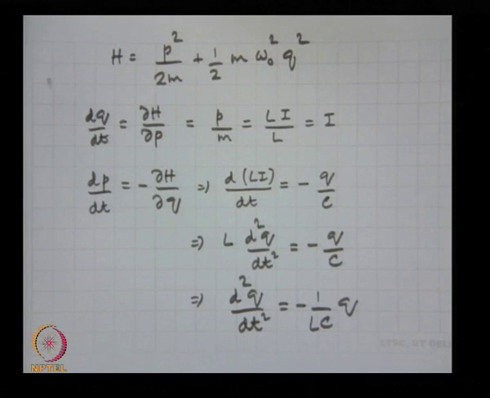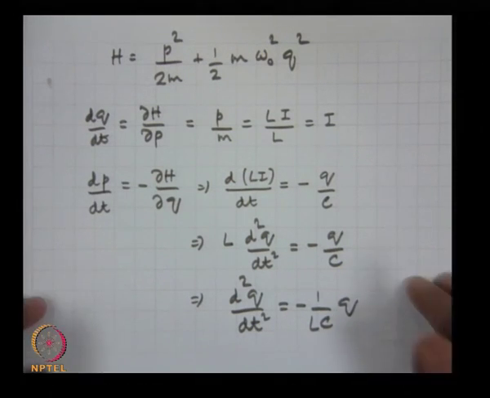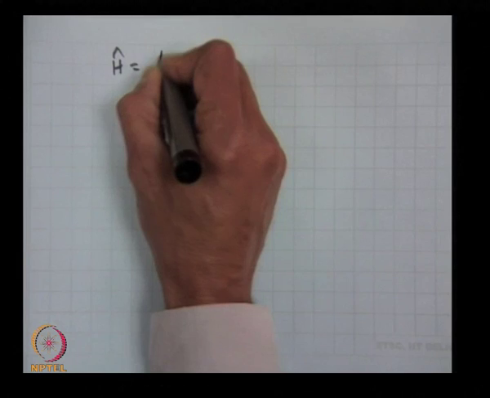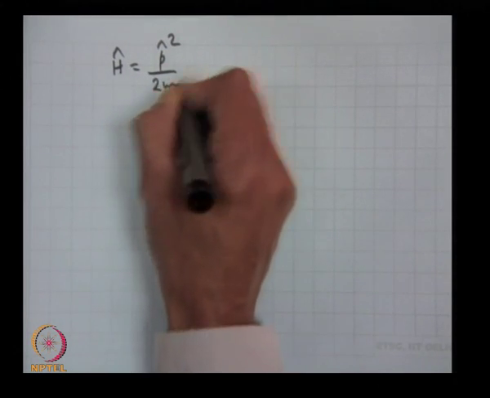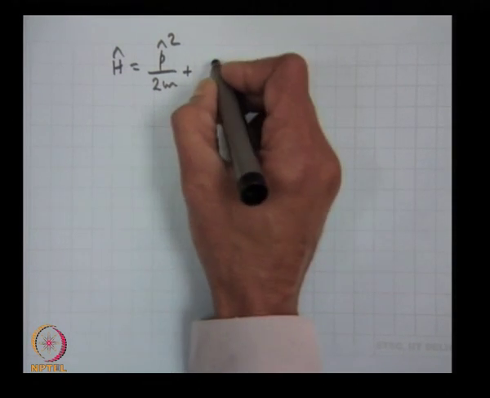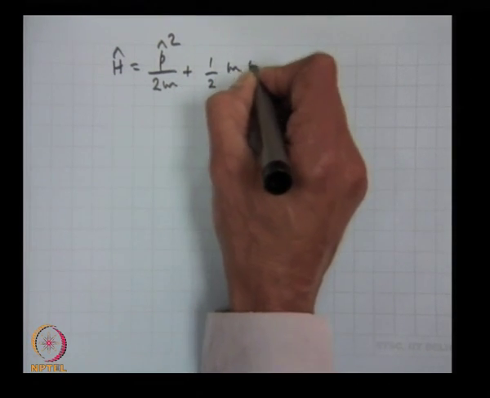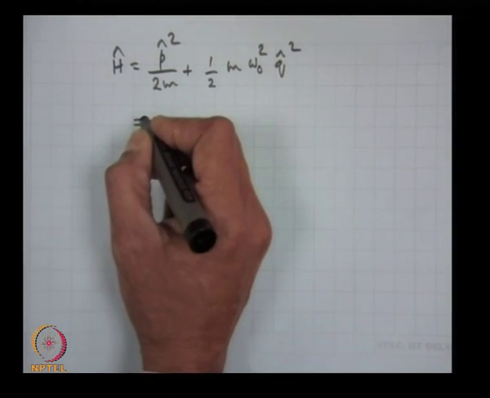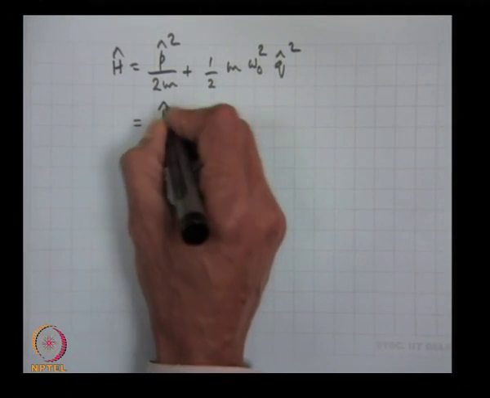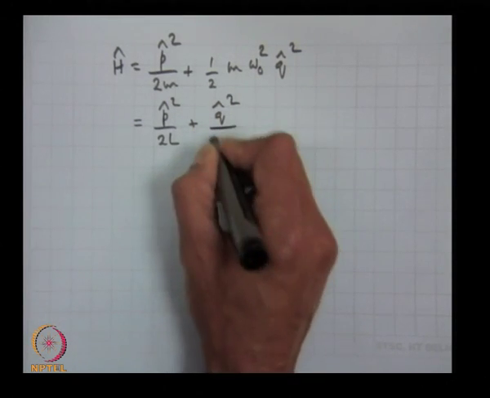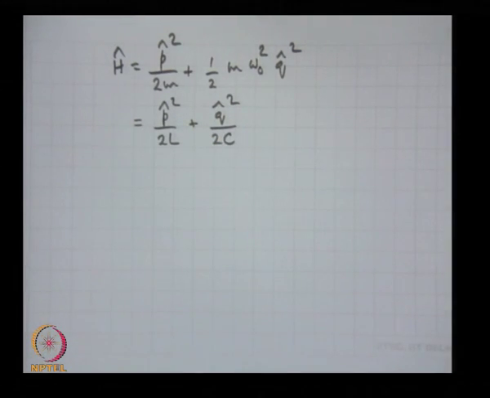And so, now to quantize this, I assume that H is an operator given by p square by 2m plus half m omega naught square q square, which I can also write as p square by 2L plus q square by 2C.